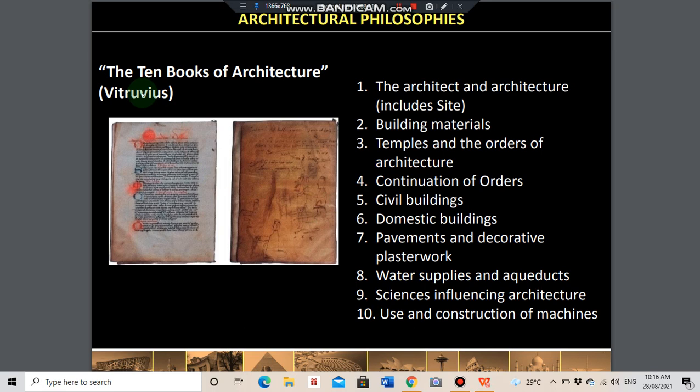An example of that is the Ten Books of Architecture, gawa ito ni Marcus Vitruvius Pollio. No? And meron siyang kasabihan or dictums, famous dictums of Vitruvius, which is the Firmitas, Utilitas, and Venustas. No? Meaning to say, the strength, the functionality, and beauty of the building or the structure.